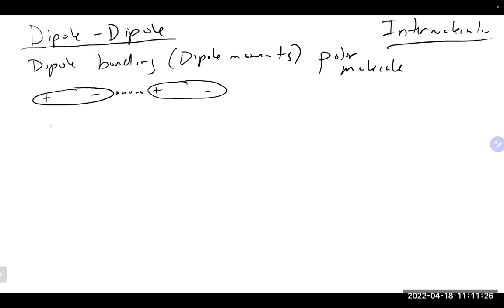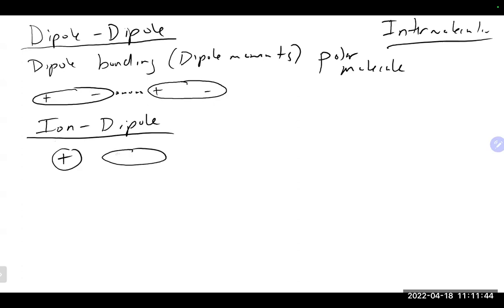We see different variations of this. Sometimes this is what happens when we dissolve some type of ionic compound in water. We get something that's known as an ion dipole interaction. Ions obviously have charge. A dipole is a polar molecule that has a charge, and there is the negative attraction.